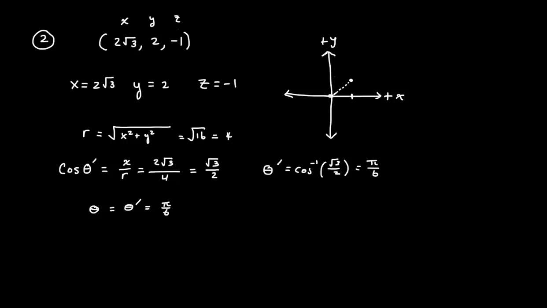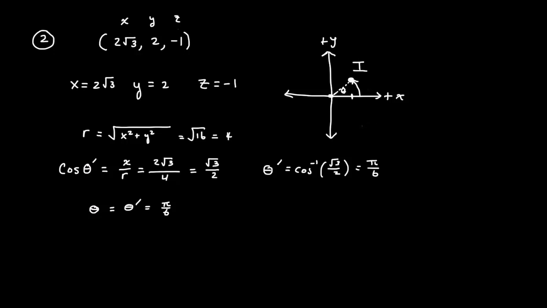Now let's talk about theta prime. We will notice that we are in the first quadrant, this ordered pair again. We found this point here and then went into the page, but in the traditional first, second, third, fourth quadrants, we're in the first quadrant, in which case the theta prime we find is equal to the theta that we want. Theta being the angle rotated from the positive x-axis rotating counterclockwise.